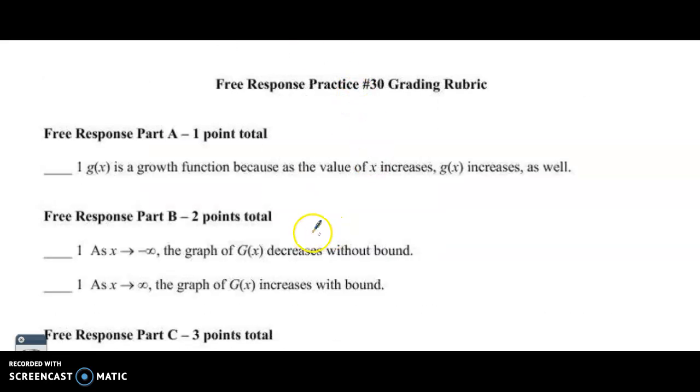Just flipping through here, I noticed that the author of this uses the phrase decreases without bound. If you ever say increases without bound, you can also say it's going to infinity. The fact that it's decreasing without bound would say it's going to negative infinity. Calculus teachers have gotten away from this phrase, but I've still seen it on AP tests from 20 years ago.